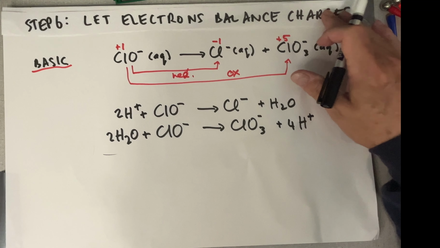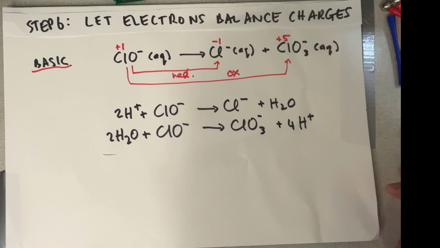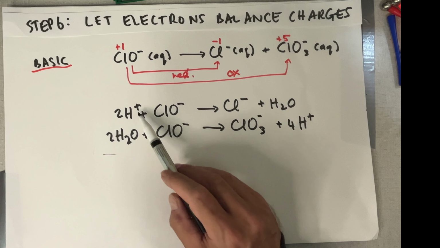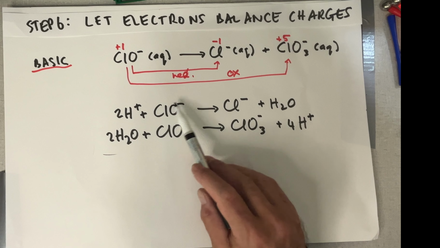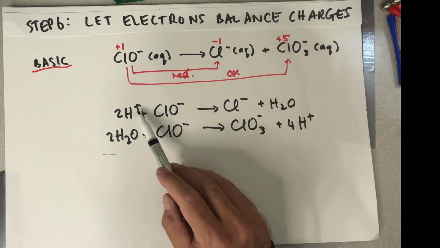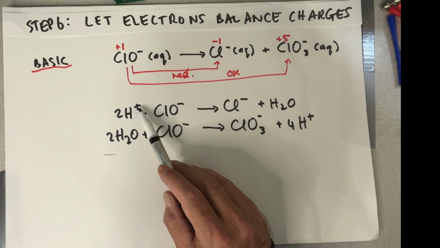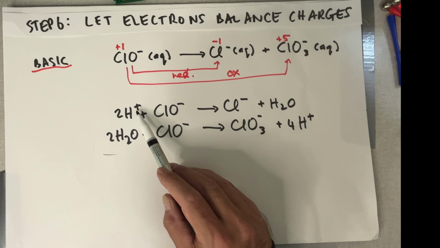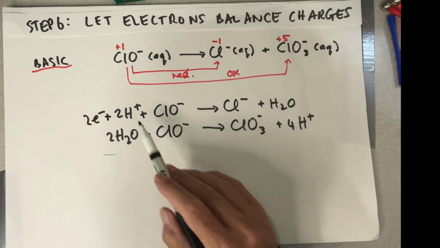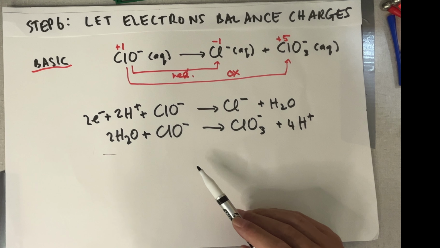Let the electrons balance the charges. So we need to figure out what are the charges. Here you have 2 H pluses. You have a 1 minus and a 1 minus, so these 2 minuses cancel each other. And you're left with 2 H pluses or 2 pluses. And we always add the electrons at the side that's the most positive. So this is going to require 2 electrons on that side to balance all the charge.